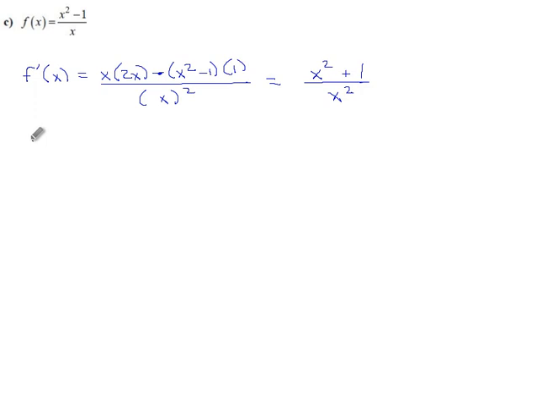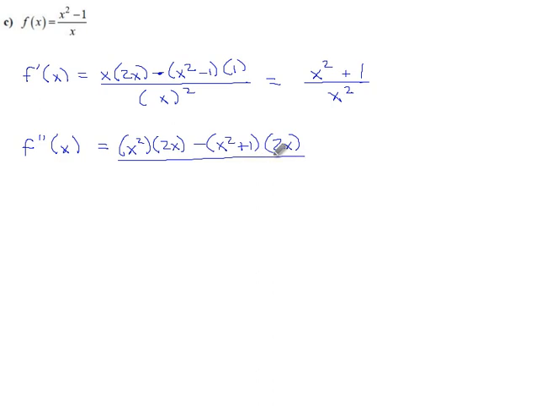And if we now do a second derivative, quotient again, we get bottom d top minus top d bottom all over bottom squared. Now we're up to x to the fourth.